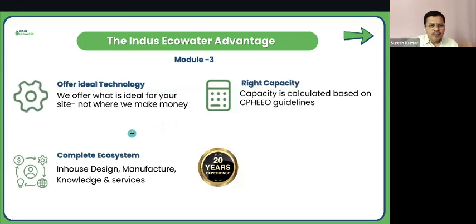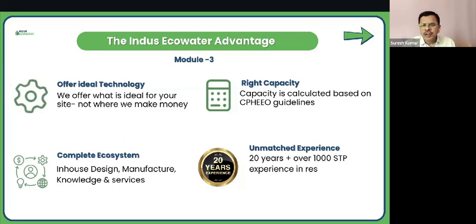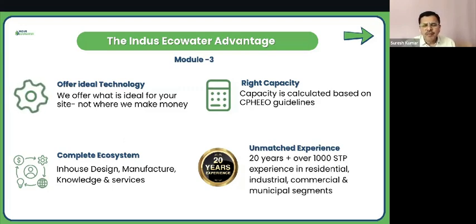We are even setting up a spare parts sales portal in a month's time, so that you can buy all the STP required spare parts in one shot in a very transparent manner, which is essential for any residential welfare association. And above all, we have unmatched experience in all technologies that you can think of: MBBR, SBR, MBR, as well as Jokasu, and across all applications like residential, commercial, industrial, municipal segments.